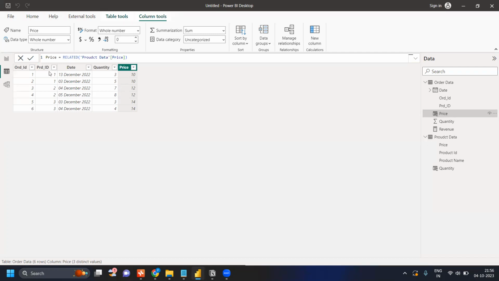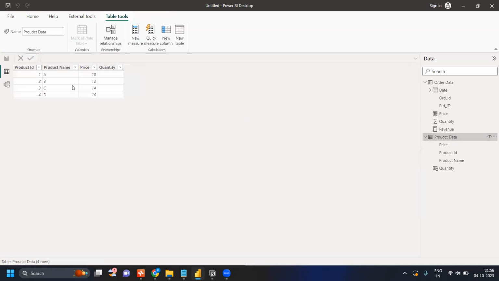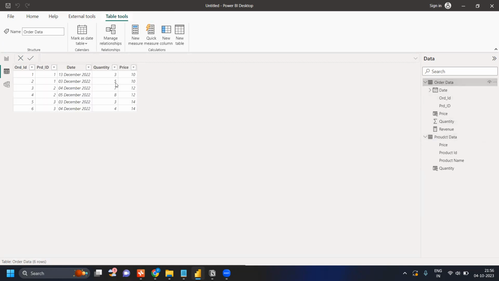Now what do we need to calculate? Revenue. So what is the revenue? First of all, we need to set an expectation, whether our number is correct or not. Here the product's price is 10 rupees. Whereas how many quantities were sold for the product? 3 plus 5, total 8 quantities sold.